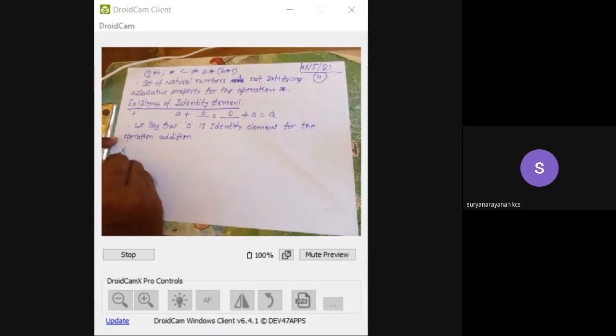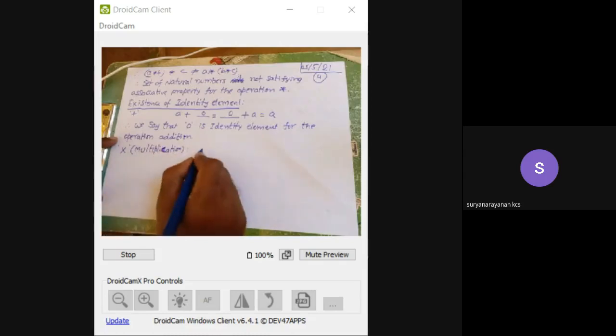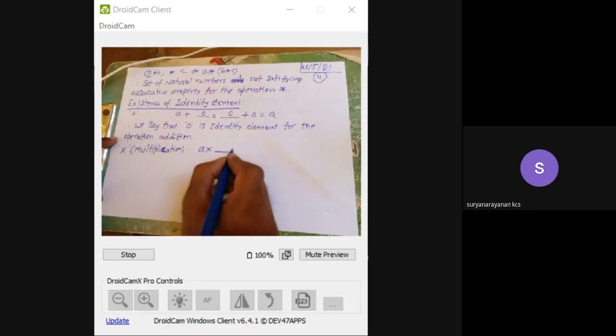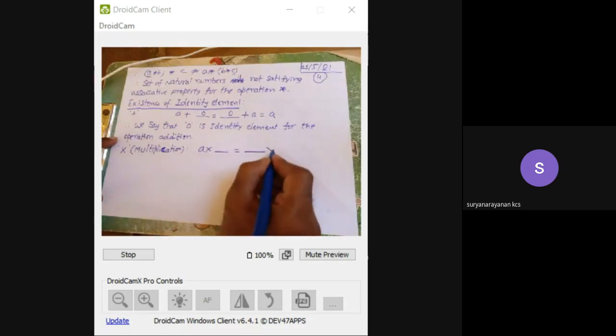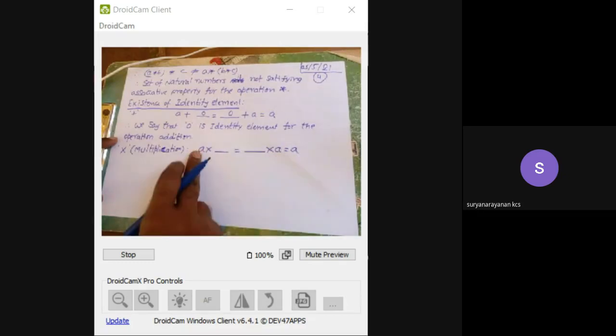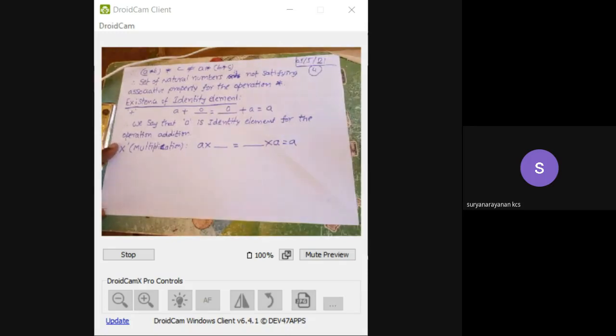Suppose you take multiplication: A into some number is equal to some number into A is equal to A. Here, which number should be multiplied to get the same number A? 1, sir.